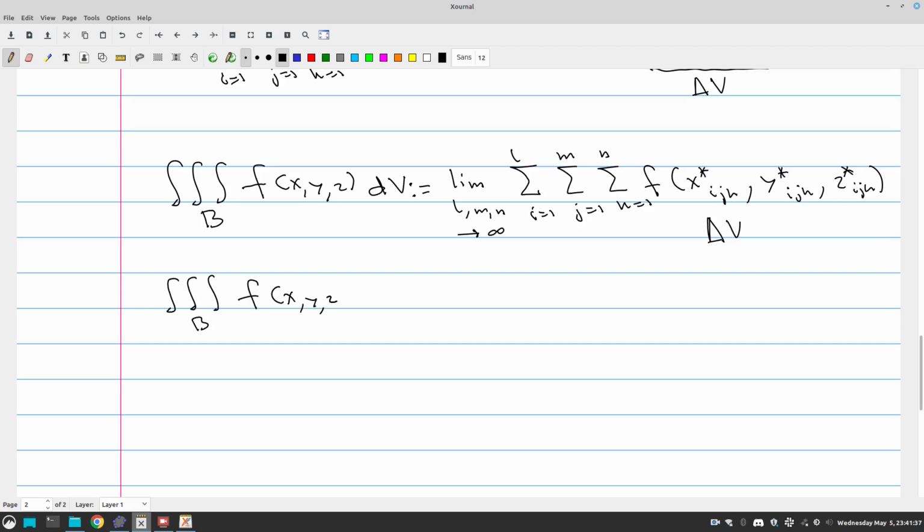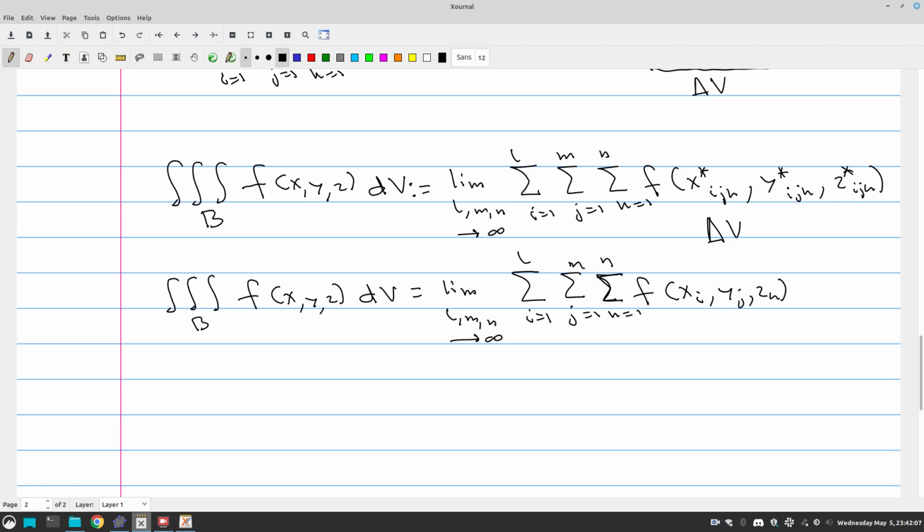So I could write this as the integral over B of f of x, y, z dV equals the limit as L, M, N go to infinity of the sum, i equals 1 to L, j equals 1 to M, k equals 1 to N, of f of x_i, y_j, z_k, delta V. Okay, so this is the definition of a triple integral.